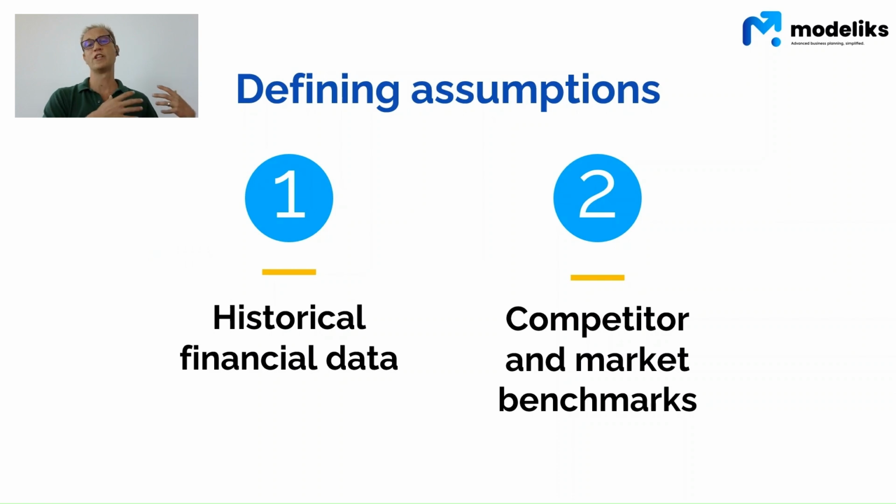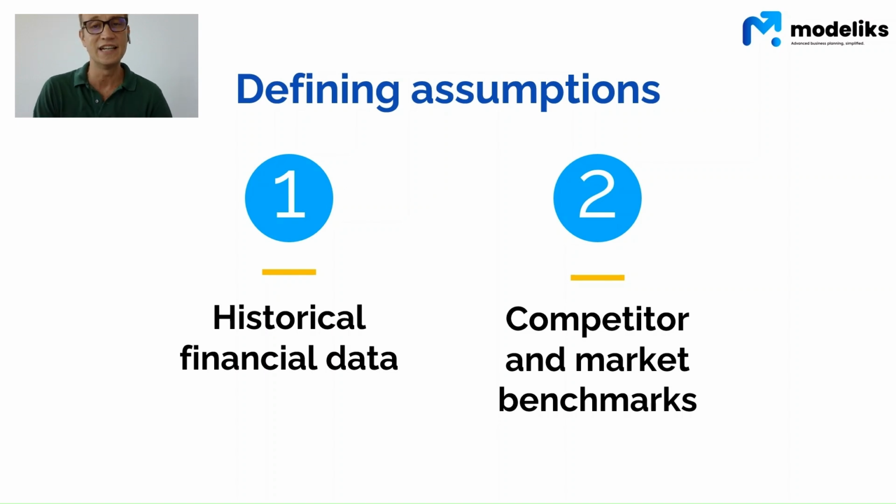One, historical, financial, and operational data. If your company has been existing, has been working for a while, you have this information from your past, so you can use your past data to forecast your future performance. If you're a new business, then probably the best place to find these assumptions in order to create your financial model and estimate your operating expenses is to look at competitor market benchmarks.